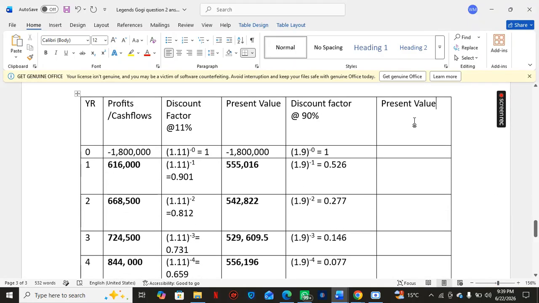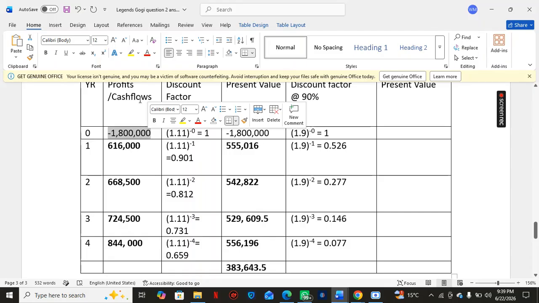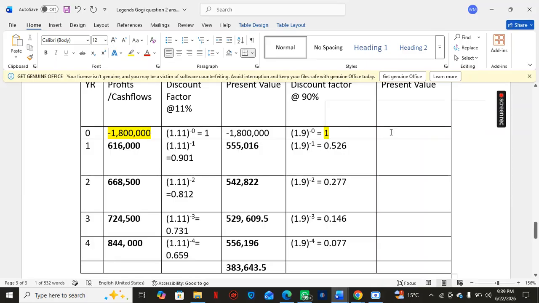Present value again. It's these new discount factors multiplied by the cash flows. So negative 1,800,000 multiplied by 1, you get negative 1,800,000.